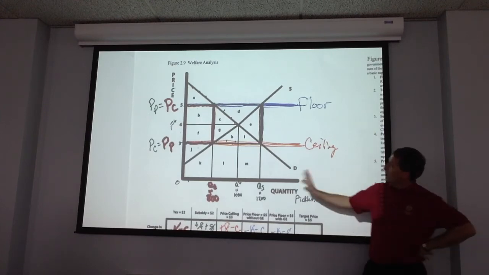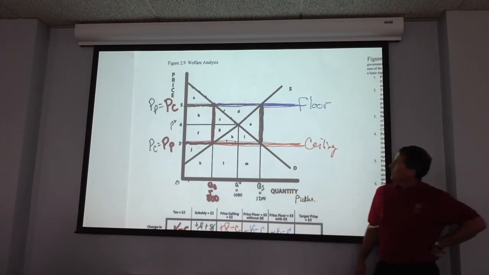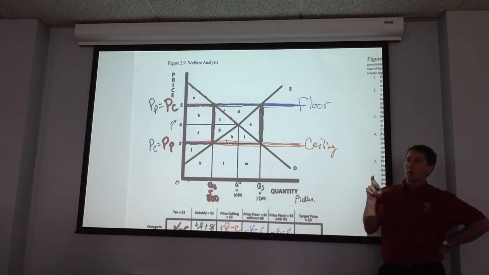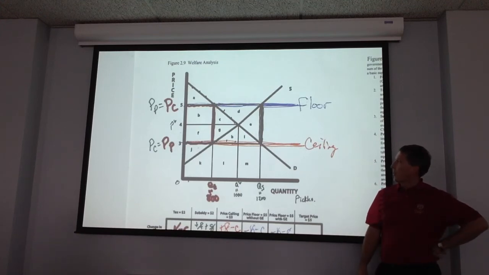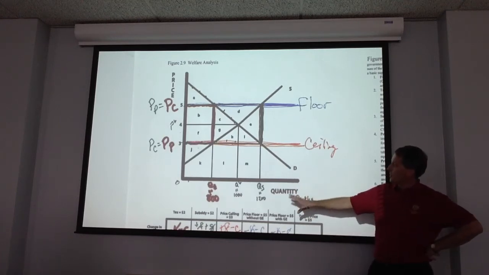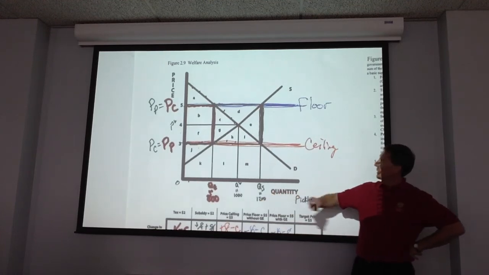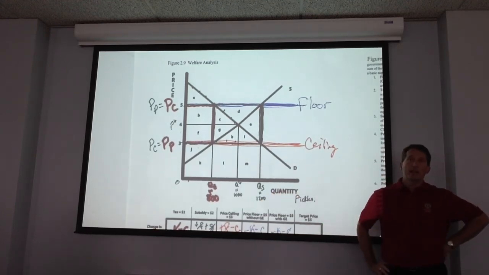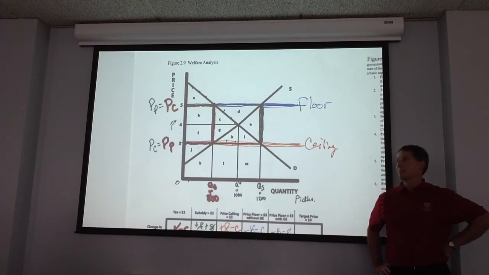Which is kind of what went on with the other program for that matter. But this time we're going to allow the market to buy all of the corn that was made, or all the pickles that were made. So we're going to allow the farmers to produce all that they want, and then we're going to sell all that's on the market to consumers. How much are consumers willing to pay for that amount?